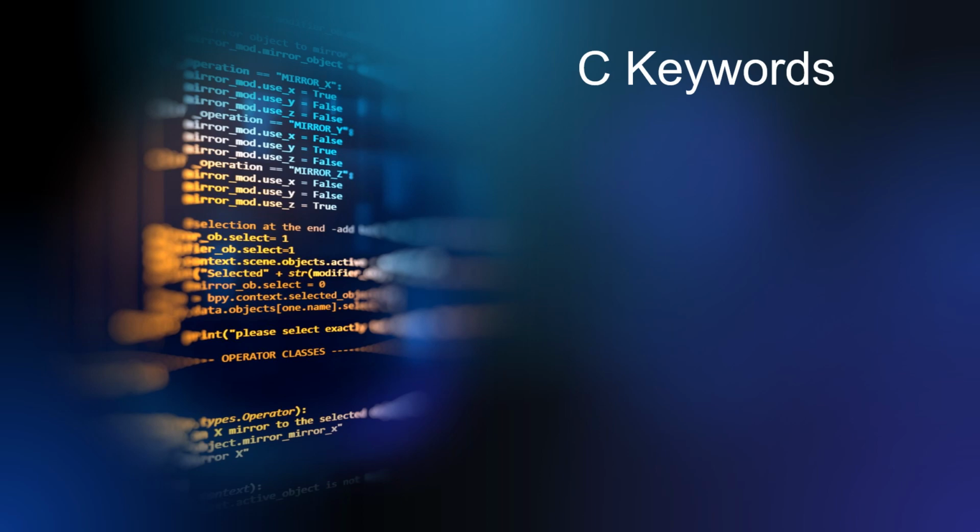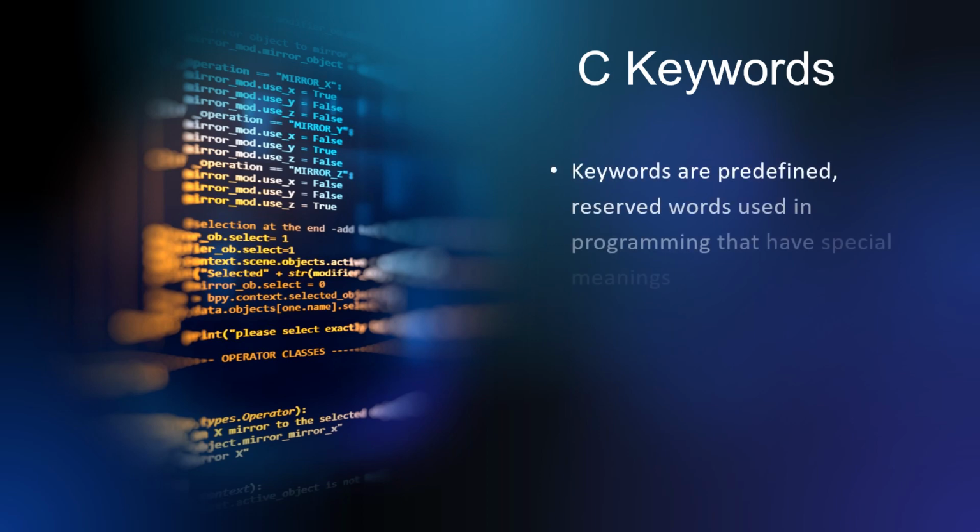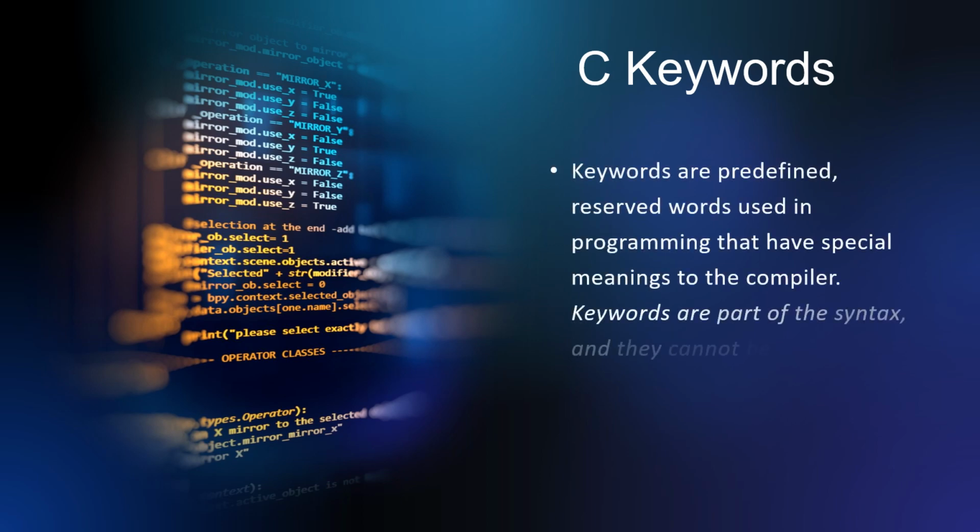Now, see keywords. Keywords are predefined, reserved words used in programming that have special meanings to the compiler. Keywords are part of the syntax, and they cannot be used as an identifier.